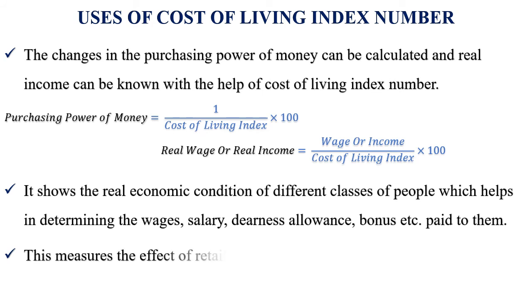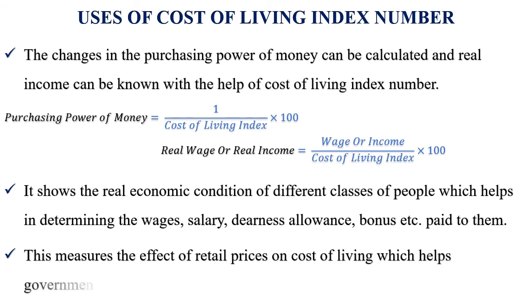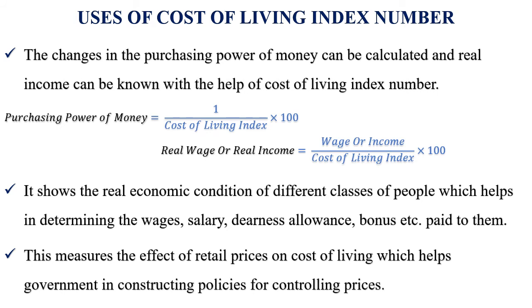This measures the effect of retail prices on the cost of living, which helps government in constructing policies for controlling prices. So if the retail prices are too high, which is affecting the cost of living of people, then government will know whether they need to control these prices or whether they should impose some restrictions on such prices.